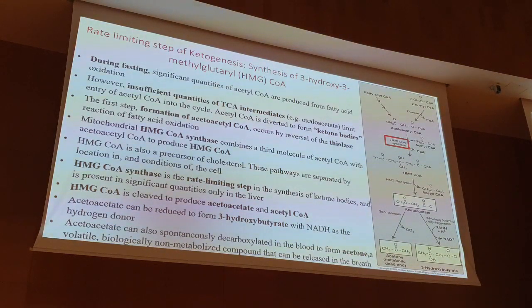The acetoacetyl-CoA through HMG-CoA synthase is converted into HMG-CoA, hydroxymethylglutaryl-CoA. HMG-CoA through HMG-CoA lyase is converted into acetoacetate, which is your first ketone body. Acetoacetate can be converted into acetone, and acetoacetate can be converted into beta-hydroxybutyrate. Those are put into your bloodstream. It's made in the liver, put into your bloodstream, and they go to muscles and they go to your brain.